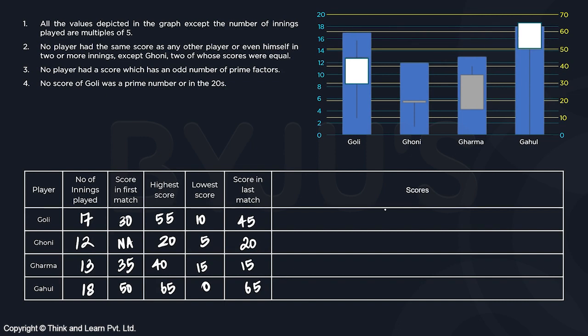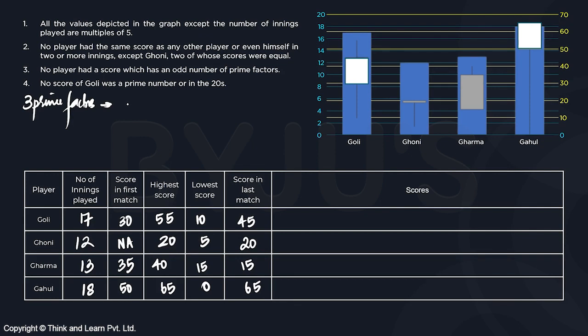Now we need to find out their scores, right? So let's start. The third statement says no player had a score which has an odd number of prime factors. What kind of numbers have an odd number of prime factors? So let's start with 3 prime factors. How many such numbers will there be?